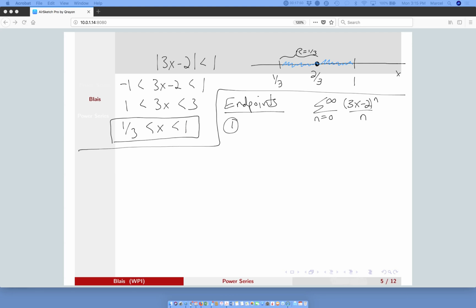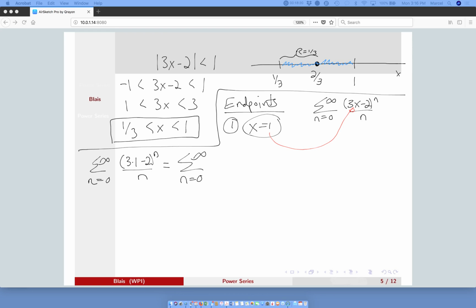So let's plug in x equals 1. And all you do is just take that 1 and plug it in for x. And then you're back with a regular series like we've dealt with so far. So we have the sum n equals 0 to infinity, (3 times 1 minus 2) to the n over n.